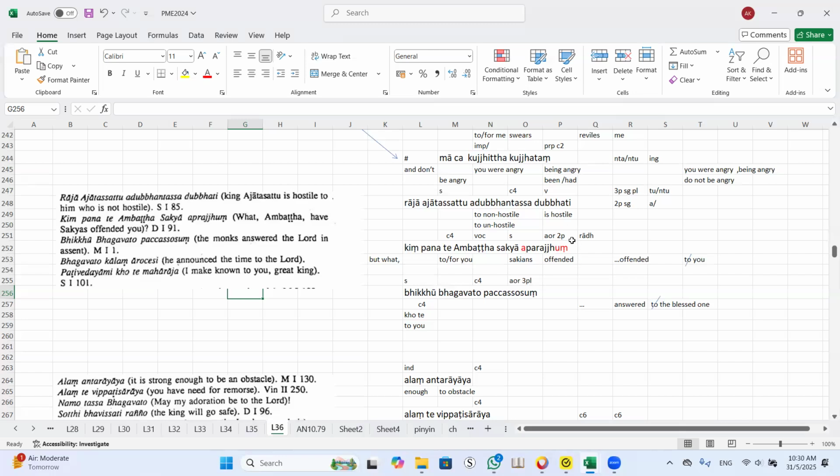So in this case, this means to you or for you. If you could translate this kimpana, this has to be one line. But the aparajum, I think, is third person plural.